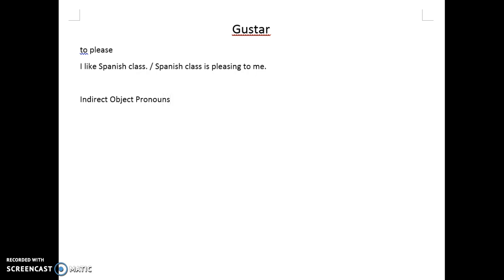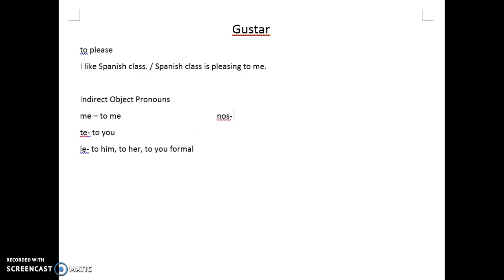So the indirect object pronouns, you have to use them with the verb gustar to say to whom something is pleasing. So me is going to mean to me. Te is going to mean to you if you are familiar. Le is to him, to her, or to you formal. So if you're using usted.